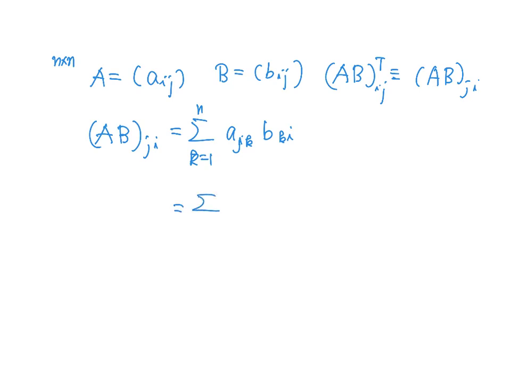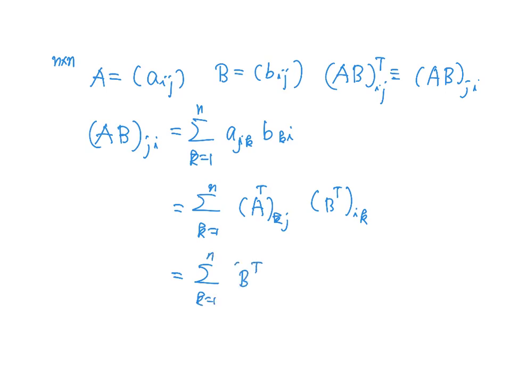It turns out that this is A transpose kj component, right? And this is B transpose ik component. So these are the components, so we can multiply this way.